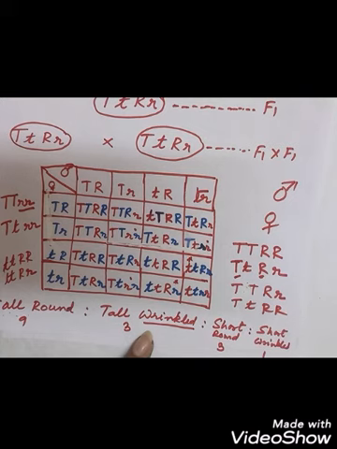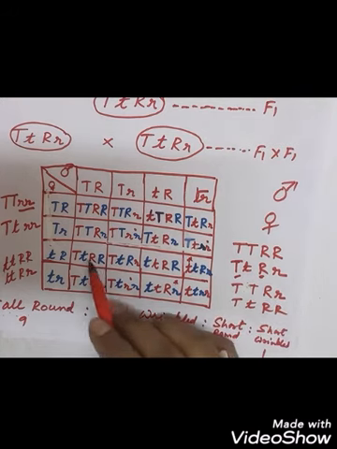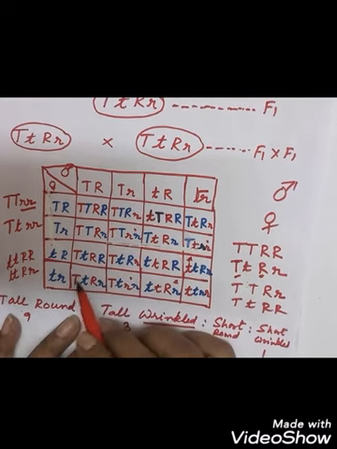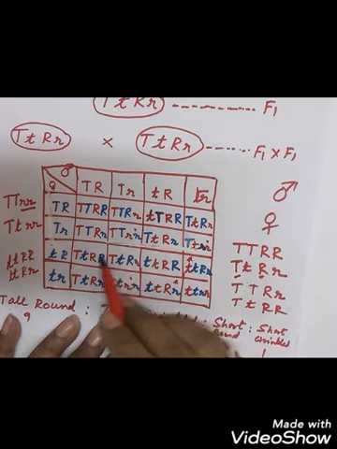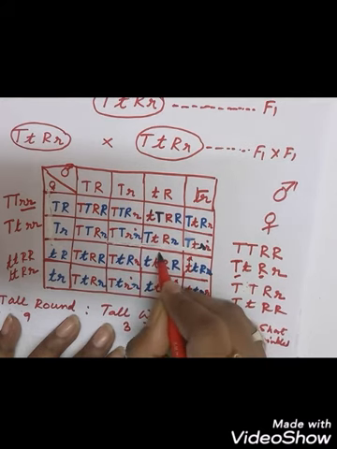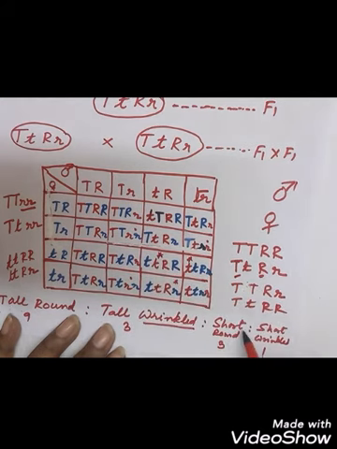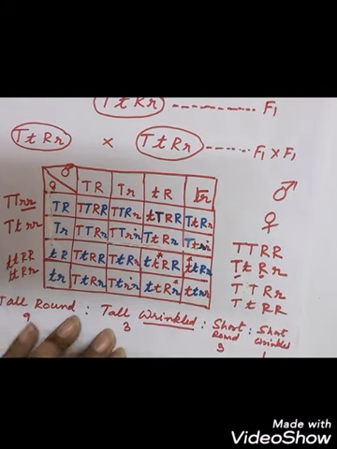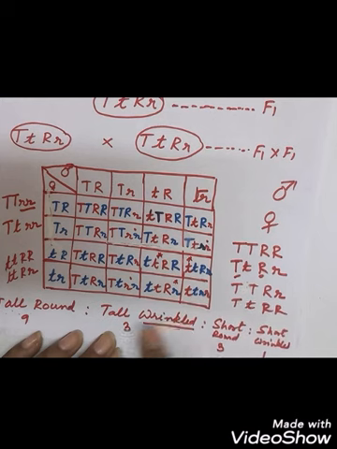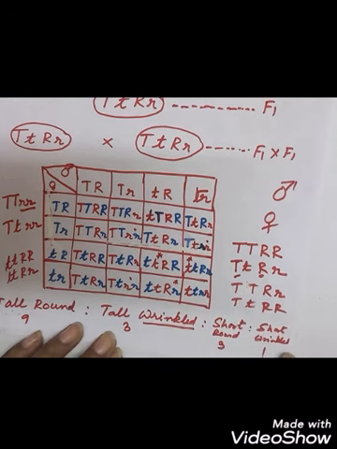One more small t we need. Let us see here. Small t, capital R. So we get what? Short round. So how many? 1, 2 and 3. So tall round 9, tall wrinkle 3, short round 3, and we need what?